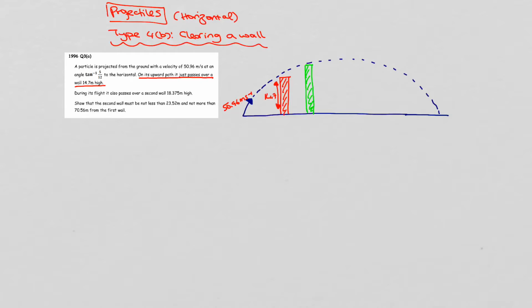So there's one position, and here would be a second position where SY would be 18.375 meters. So what we're looking for then are the two possible positions.